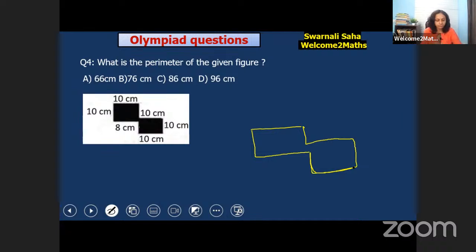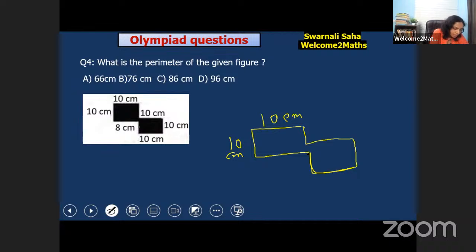Fine? I'll show you the picture. Here you can see it is 10 centimeter. There are two figures given here now. One is 10 centimeter. Here is 10 centimeter. Fine? You can see now.